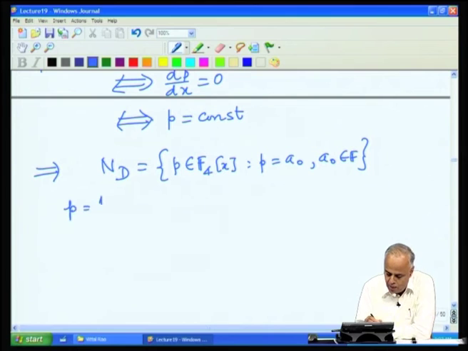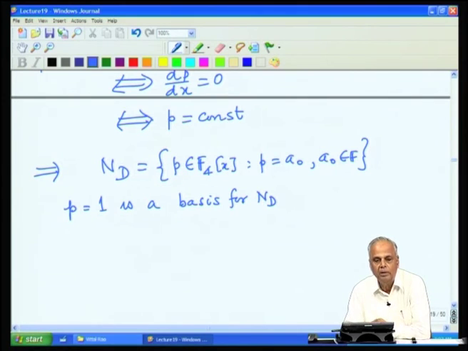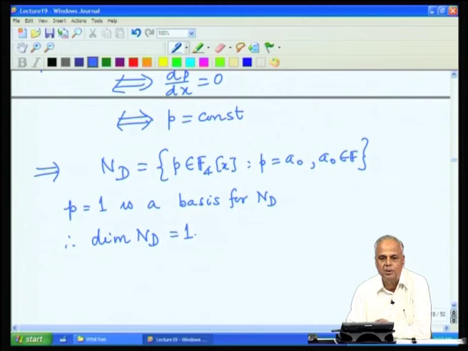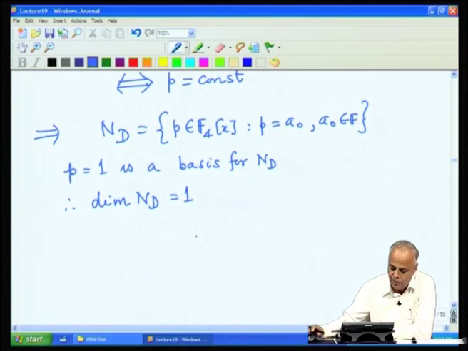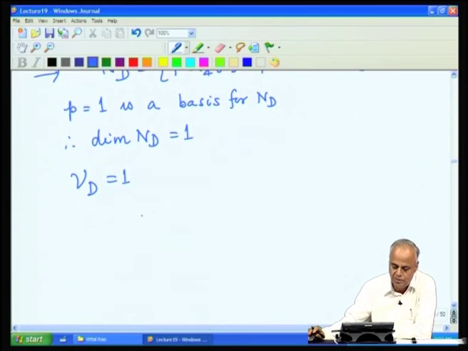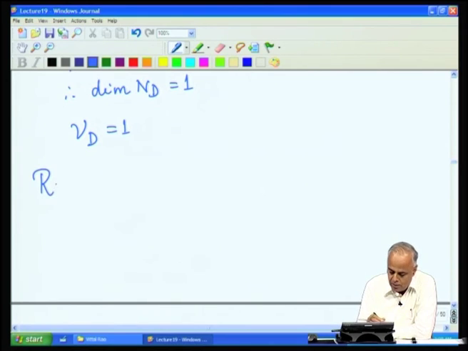So, p equal to 1 is a basis for N(D) because every other vector is a linear combination: a naught times p will get all the vectors in N(D). Therefore, the dimension of N(D) is equal to 1 because we have a basis consisting of one vector, and since the dimension of the null space is 1, the nullity of D is 1. So, thus we have found the null space of this differentiation operator on F4[x] and the nullity. Now, let us look at the range of D.